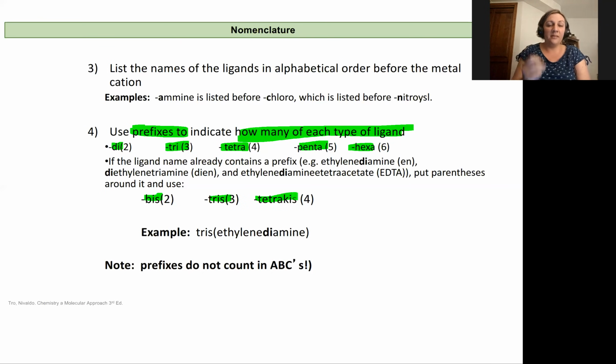And then we'll put the ligand in parentheses as well. So the ligand goes in parentheses, you can see those right here, and we put our prefix that tells us the number of those ligands out in front of the parentheses. So 3 ethylene diamine molecules would be tris(ethylene diamine) when you write out the name. Now, when you're putting this in alphabetical order, don't include the prefix to indicate the number of the ligand as part of that alphabetical ordering. That's a separate consideration.